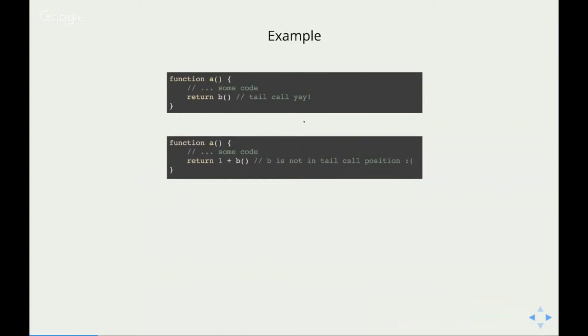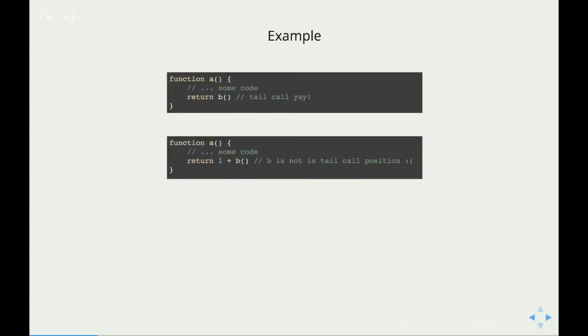Let's take a look at another example, which is a little bit more complicated, because even though if you look at the code, the invocation of B is the last expression that we can easily see, in reality the last operation in the function is addition of 1 to the result of invocation of function B. So B here is not in tail call position.